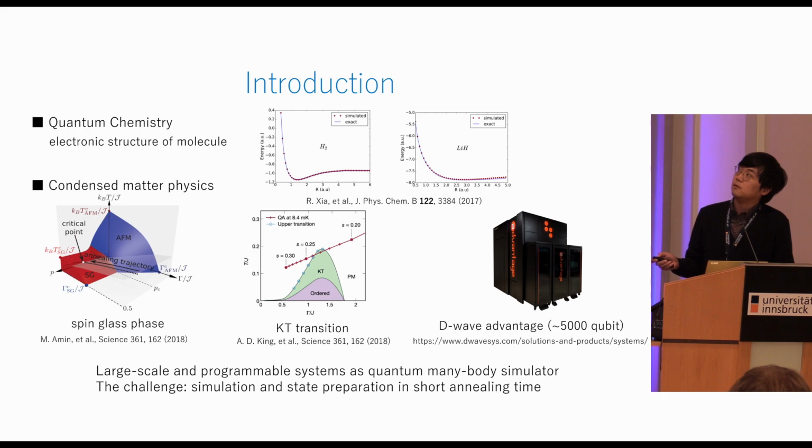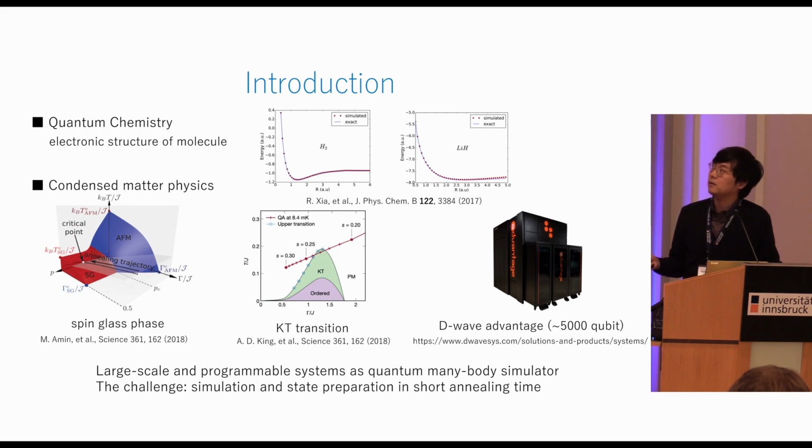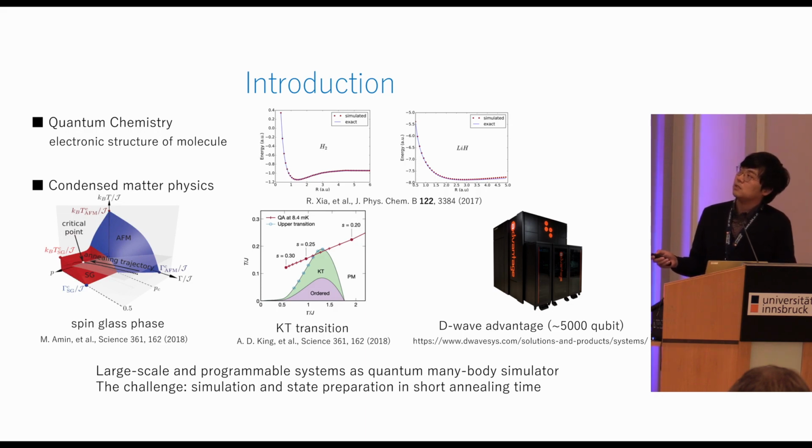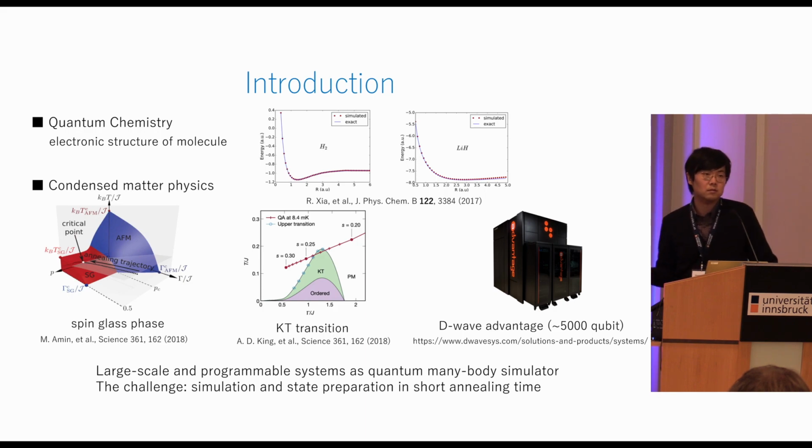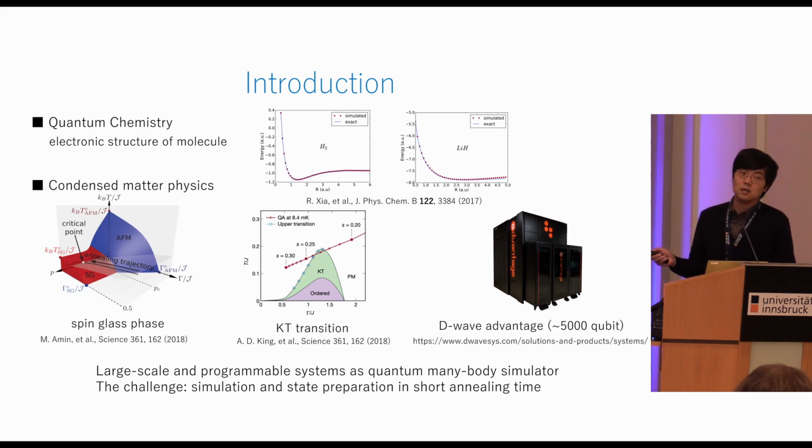In the field of condensed matter physics, spin-glass states and the Kosterlitz-Thouless transition have been observed on the D-Wave annealer. So these demonstrations mean that the quantum annealer has the potential to explore many-body physics, and it can be expected that the quantum annealer can be used as a quantum many-body simulator.